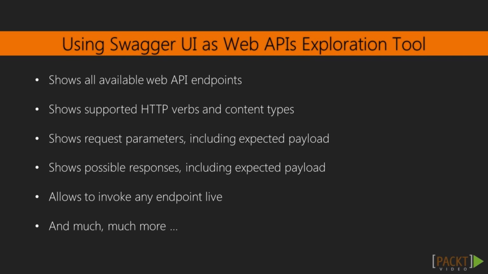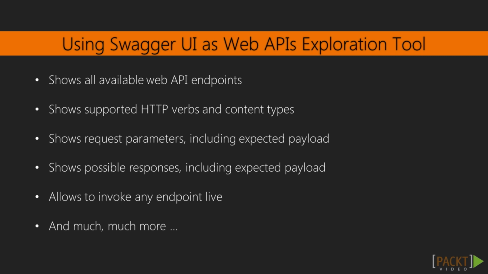Not only is it beautiful from a design perspective, but it also provides the complete documentation for each and every web API endpoint. It includes supported HTTP methods, content types, both requests and responses, expected path or query parameters, expected request and response payloads, possible HTTP status codes, and much more.